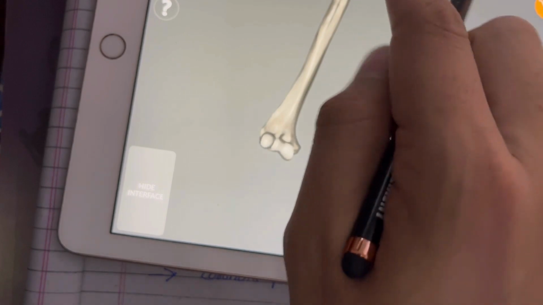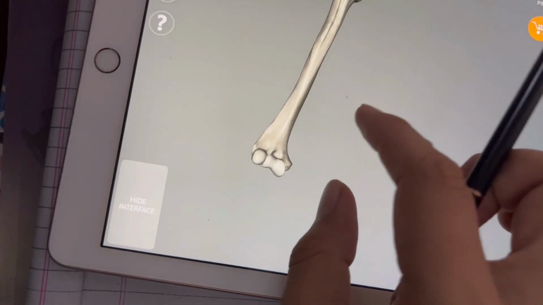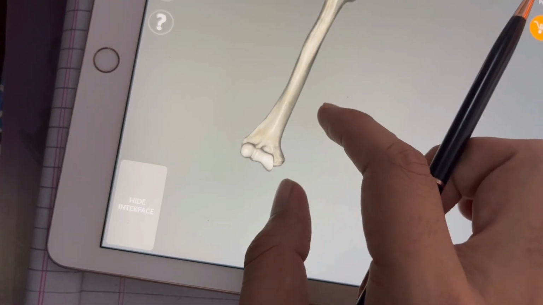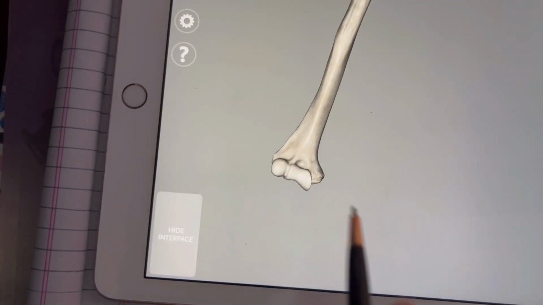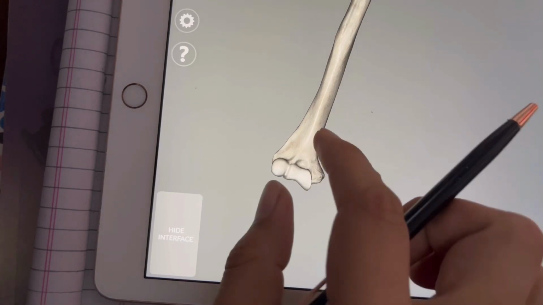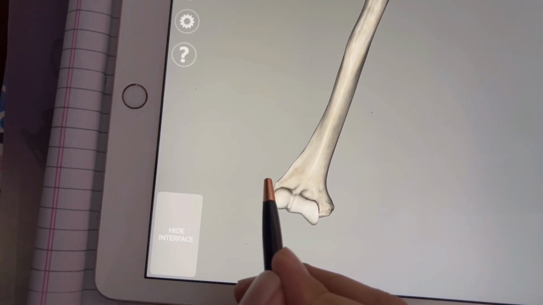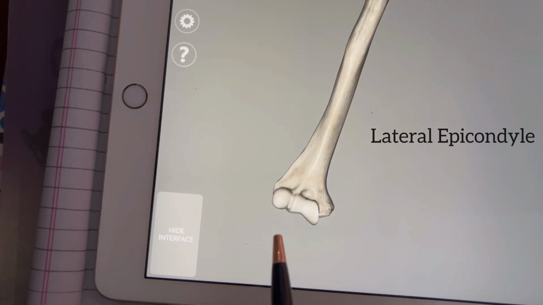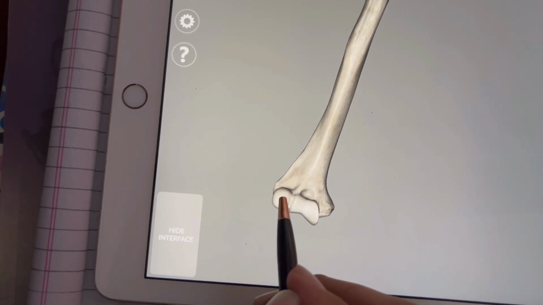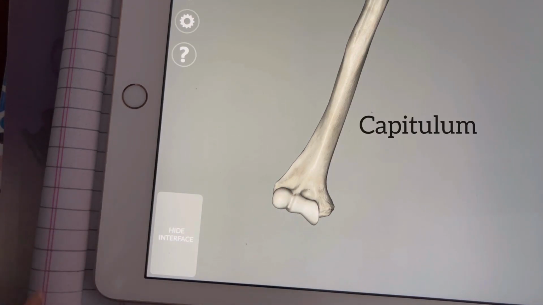Now coming toward the bone. This is the anterior view of the humerus bone. This is the exact anterior view. This small round elevation here is called the lateral epicondyle, which is proximal, meaning above, to the capitulum. This is the capitulum of the humerus bone.